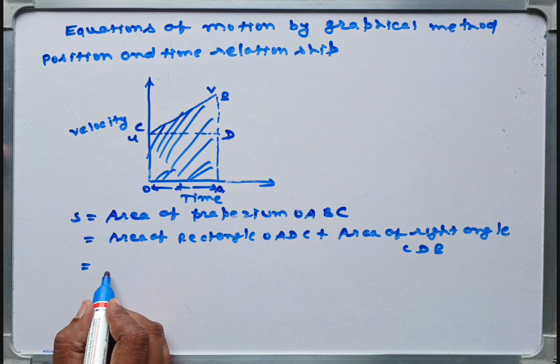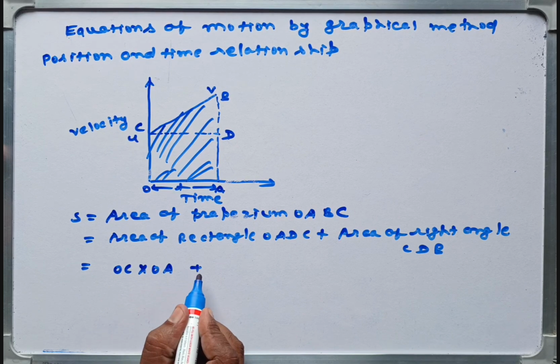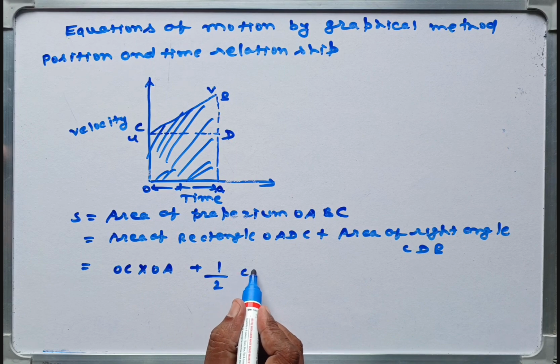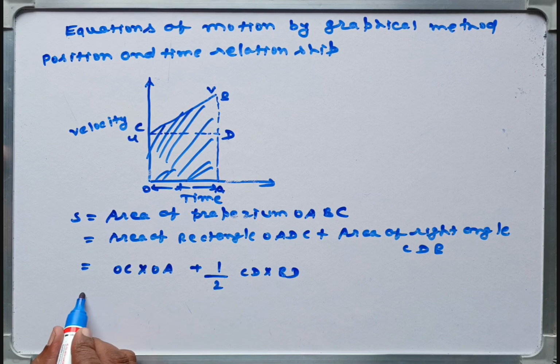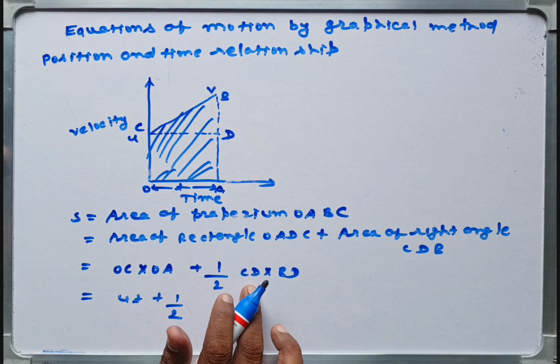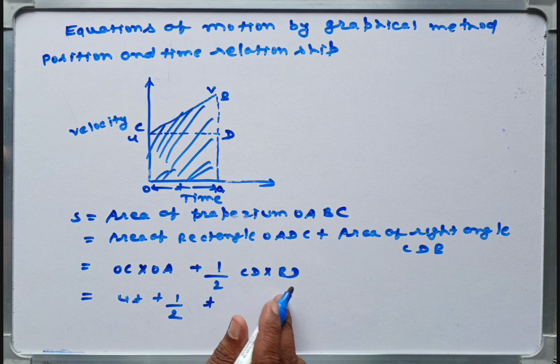You can write OC into OA plus 1 by 2 base CD into height BD. So further you can write u into t plus 1 by 2, where CD is t, into BD.